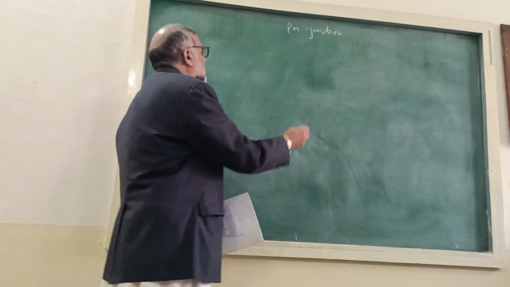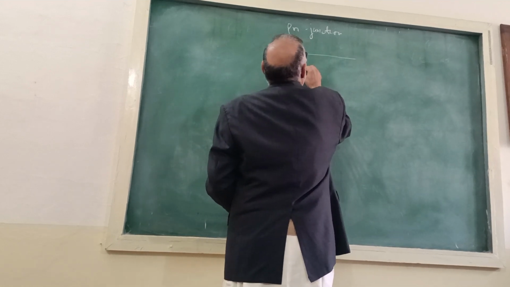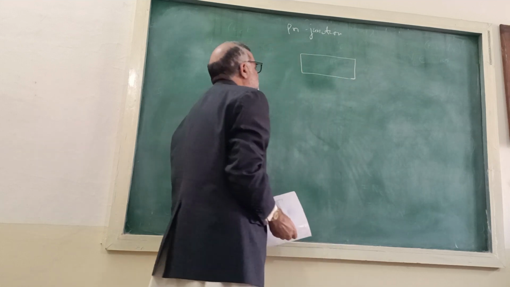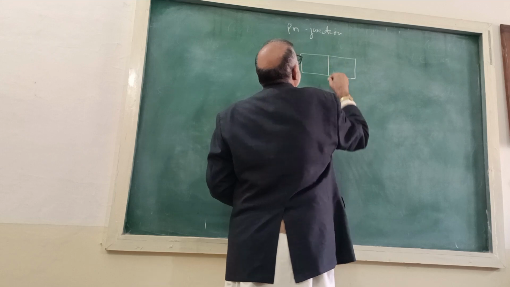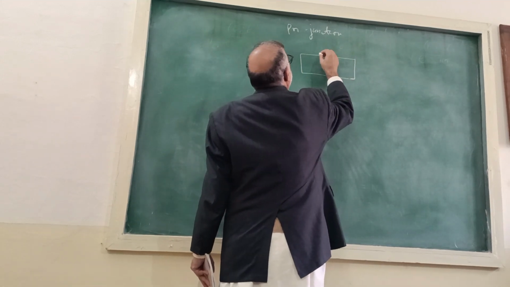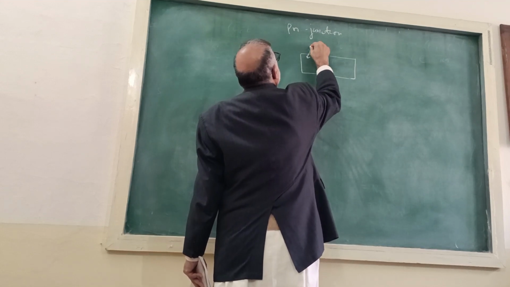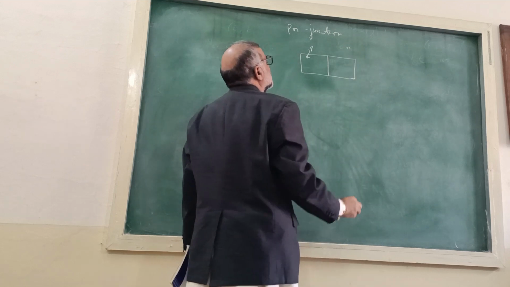If I draw a PN junction schematically, it will be something like this: if I call this a junction, this is a P-type material and this is N-type, suppose.